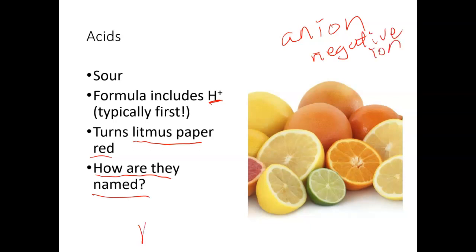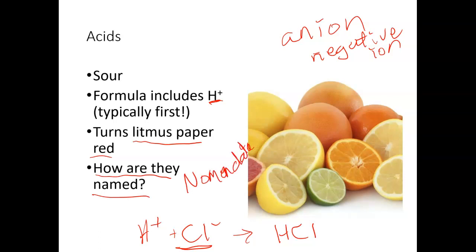So H+ and Cl- is HCl, so hydrochloric acid. So it's based on what ion it's with. So do make sure and review your nomenclature. So this is nomenclature part 1. This is how you can look at the naming of acids.